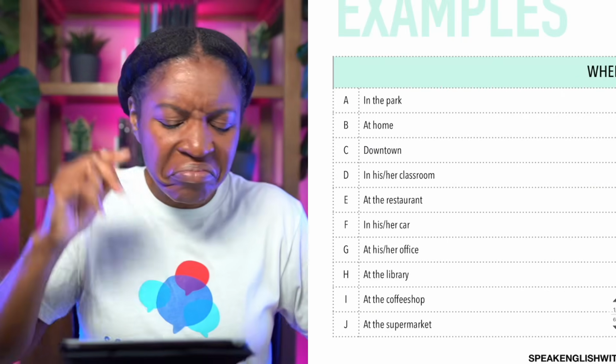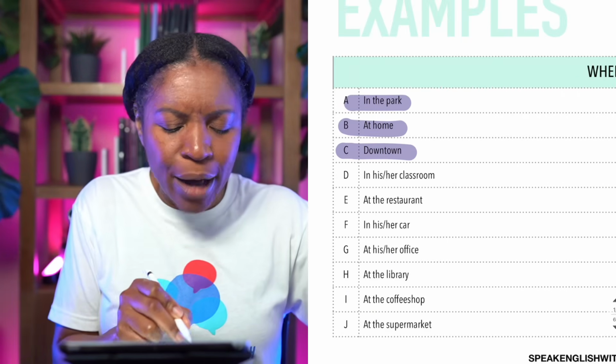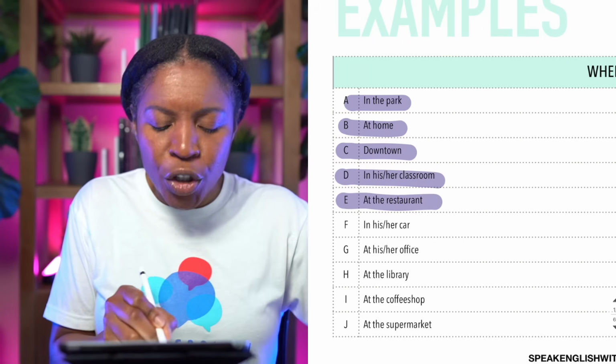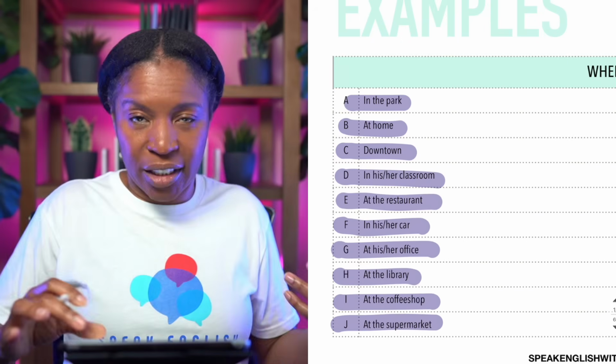A sentence that shows you can speak English fluently because you're able to take details, bring them together, and create a sentence that turns into something that I, as a native English speaker listening to you, can visualize in my mind. So where, for example, let's say we have in the park or at home or downtown or in the classroom, you see all of these different examples of places.